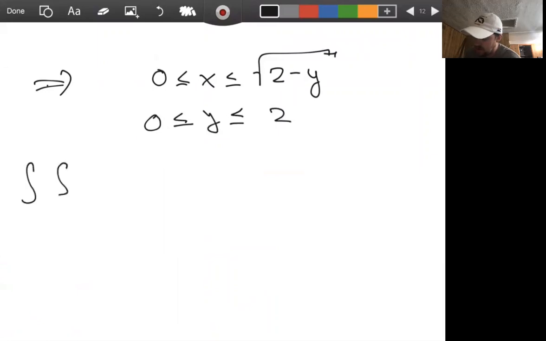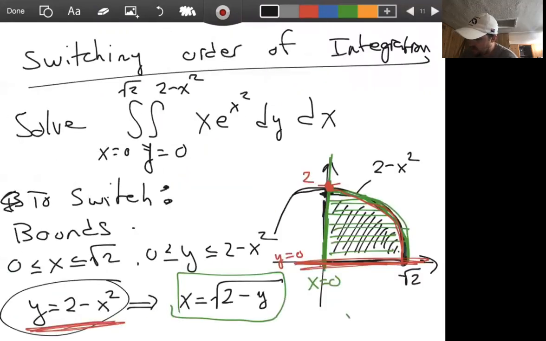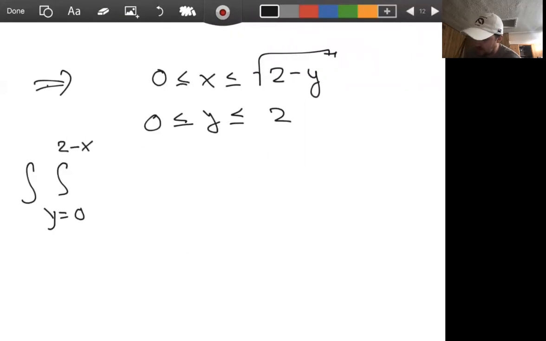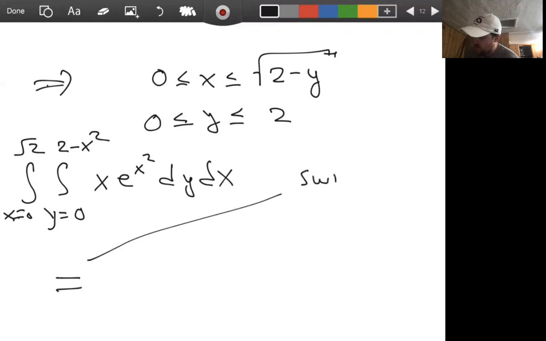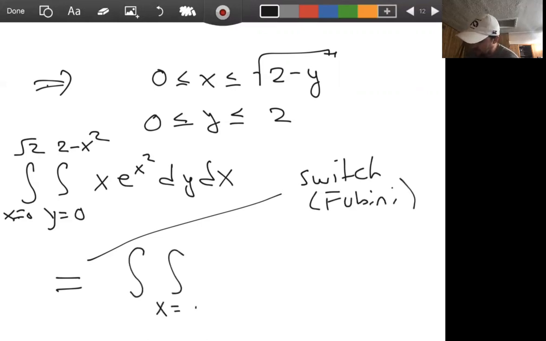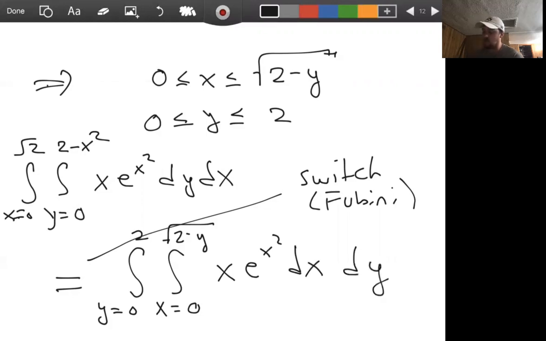And so the integral of y goes from 0 to 2 minus x squared, and then x goes from 0 to root 2 of x e to the x squared dy dx has now become, by switching order, and we can do this due to Fubini, this integral has now become x goes from 0 to root 2 minus y, and then y goes from 0 to 2 of x e to the x squared dx dy.